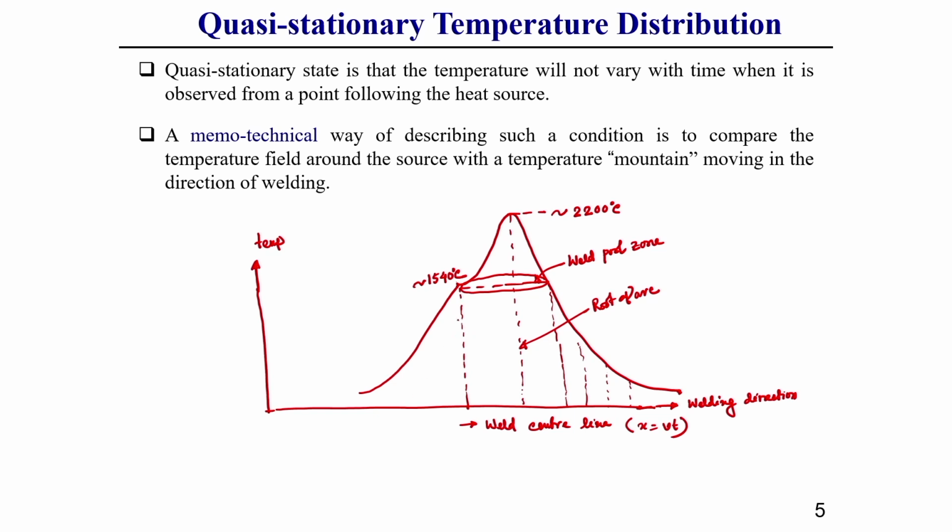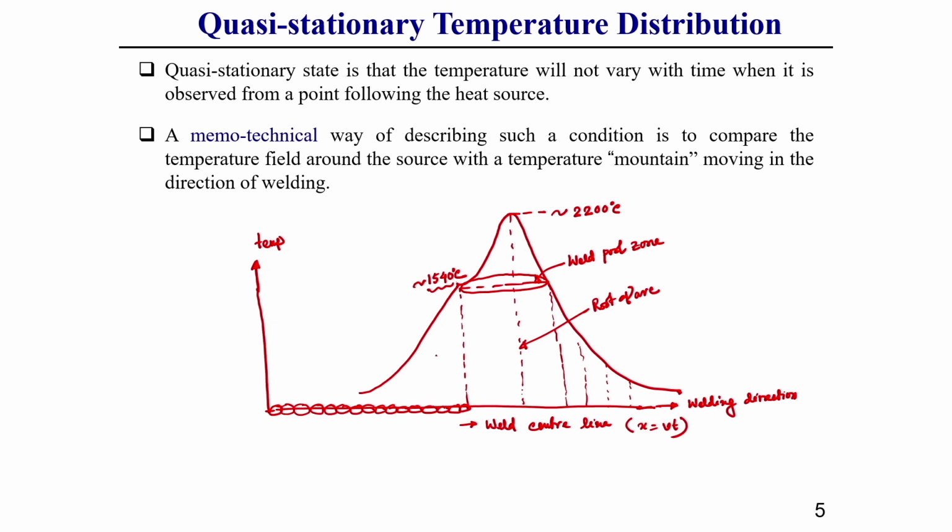Similarly, at the back side also you will observe, when the heat source moves, this molten pool moves. This heat source starts moving from this location, this way it is going, this is the molten pool heat source moving I am showing.